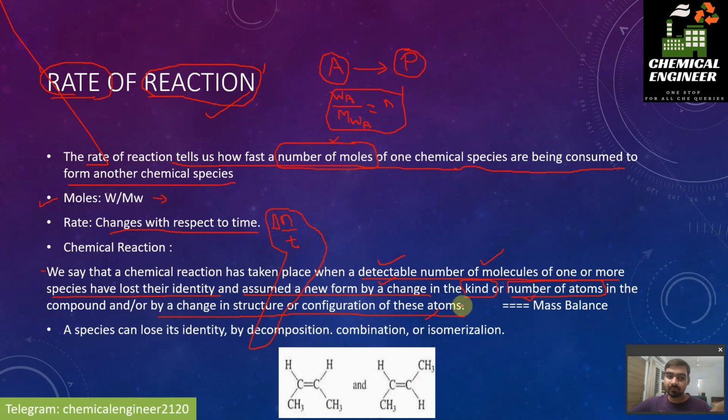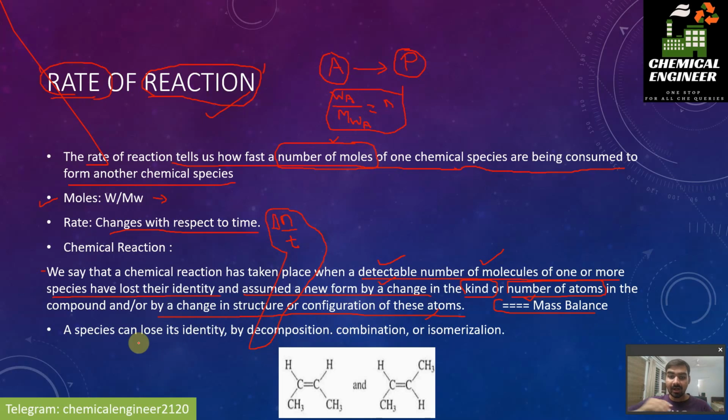And if you see it properly, it is nothing but a mass balance equation, like changes of atom configuration from one form to another form. There is no loss of atoms, they are not generated, but they are changing their configuration. So this is why we call it a mass balance also.